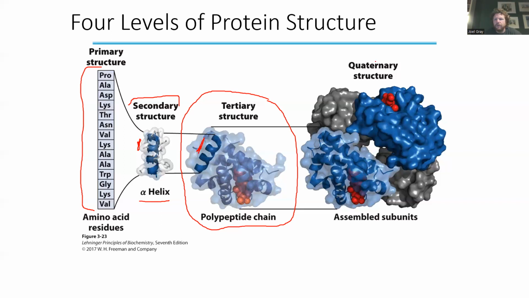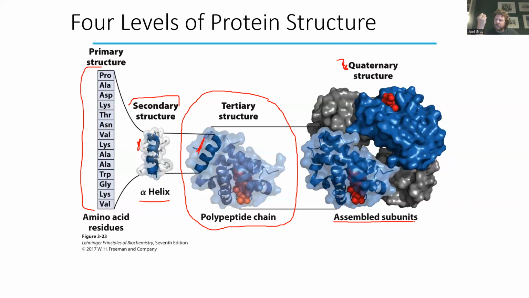Now this next level, this highest level here, this quaternary structure. If you look at the bottom, it says assembled subunits. What that means is that you have a protein that has multiple different subunits. These different components, these individual polypeptides, are subject to their own primary, secondary, and tertiary structure.